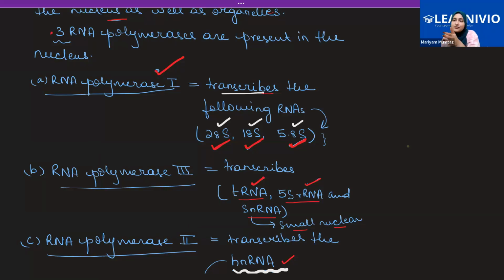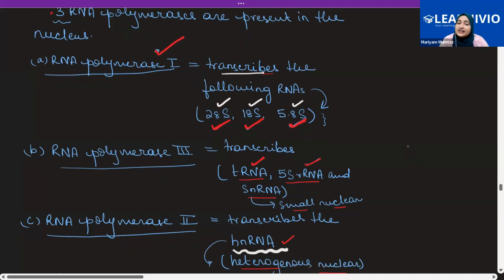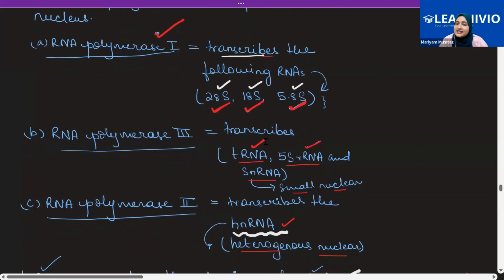Meaning these are the different types of RNA that are synthesized by RNA polymerase 1, and only RNA polymerase 1 can synthesize them. After that, RNA polymerase 3 will be synthesizing the tRNA, then 5S rRNA, and snRNA. That stands for small nuclear RNA.